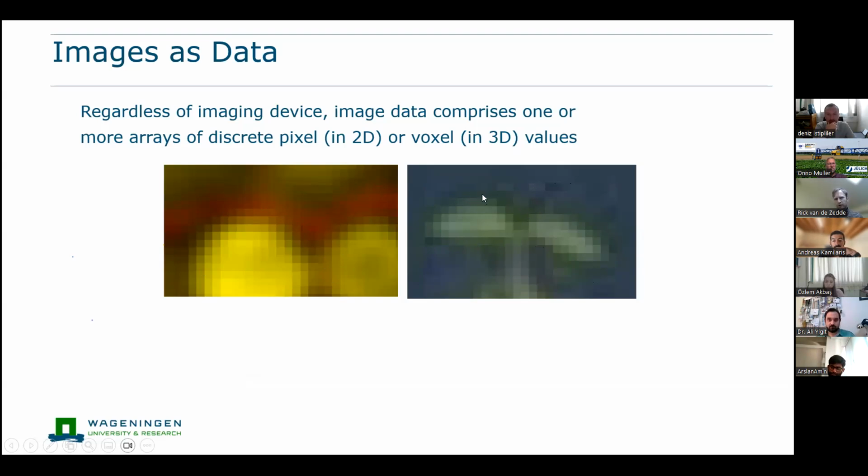So there are quite some pixels that are slightly green or slightly blue. This is already challenge number 1. So what is part of background? What is part of foreground? You could for instance say, okay, all the pixels that are a bit green belong to the plant, and all the pixels that are quite blue belong to the background. But then somewhere you need to make a decision on to which it belongs.